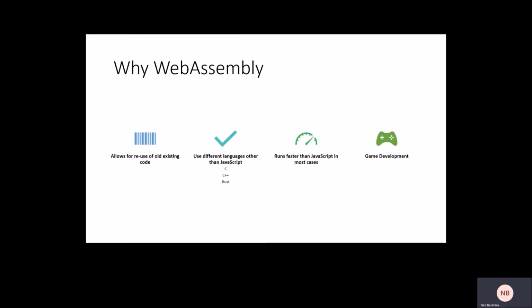Another thing is it runs faster than JavaScript in most cases. So really the way it works is on a low level, it's able to skip a lot of the different checks that you would do with regular JavaScript. JavaScript's extremely powerful, but it's also known as a very high level language. And what that means is that you can do a lot of stuff with very little code.